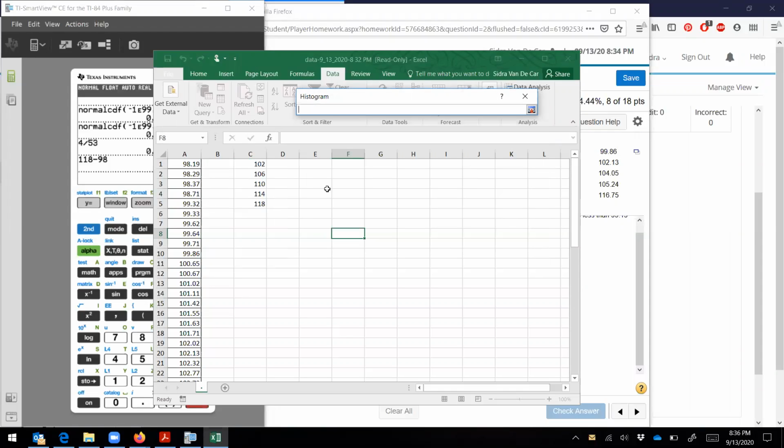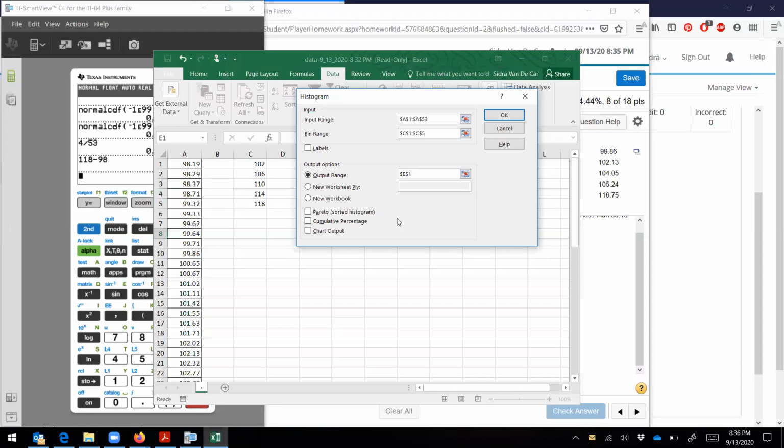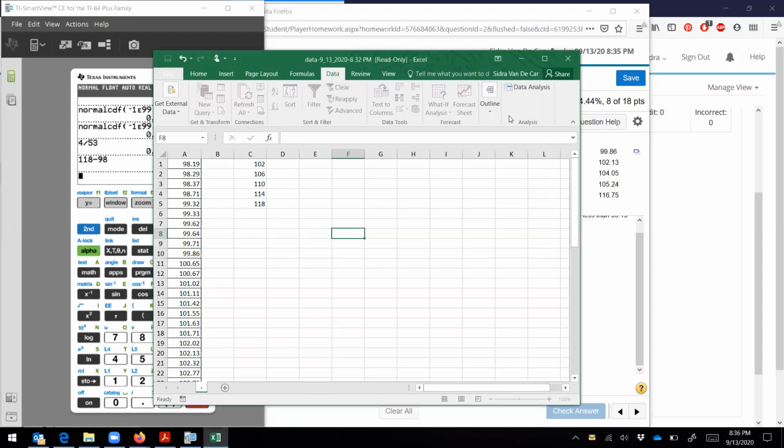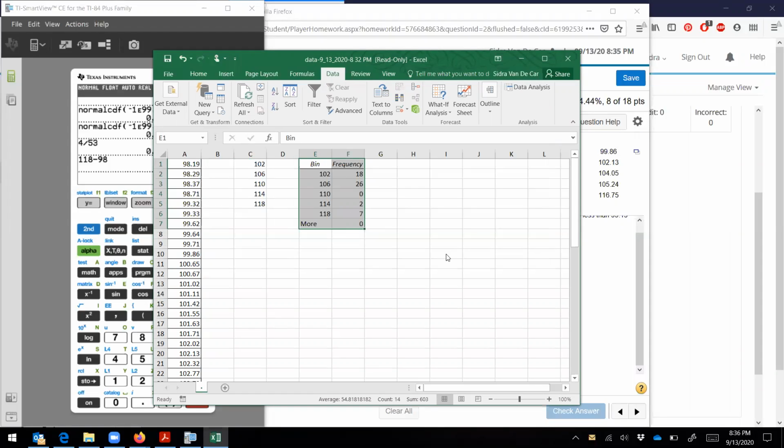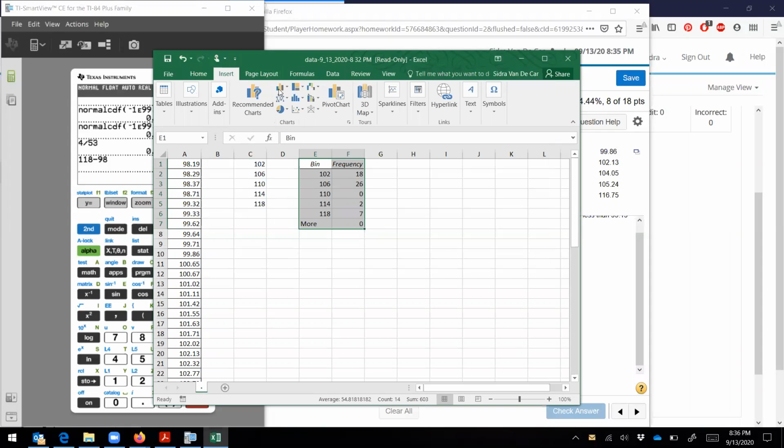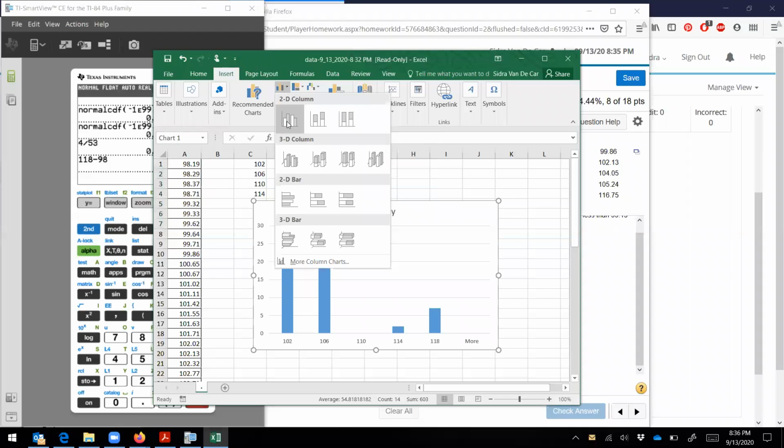And then the output range, I'm just going to click anywhere to draw my histogram. And should be able to click OK. And it gave me the frequency chart, but not the histogram. So from that, we could go over here to insert and our bar chart.